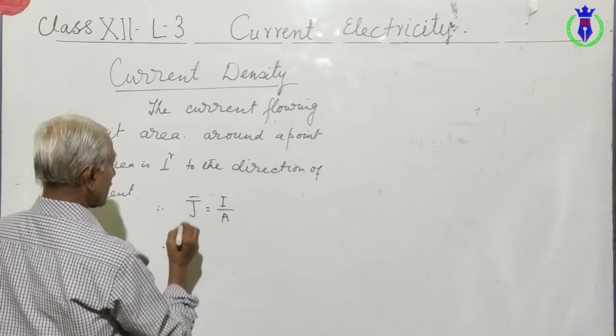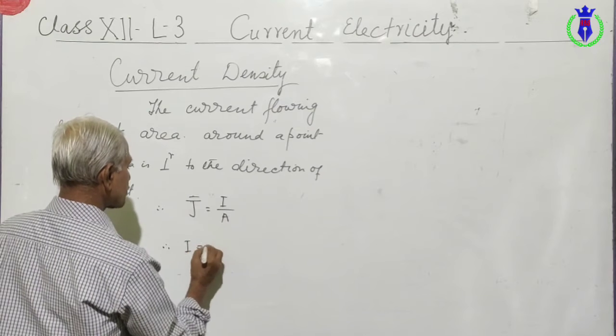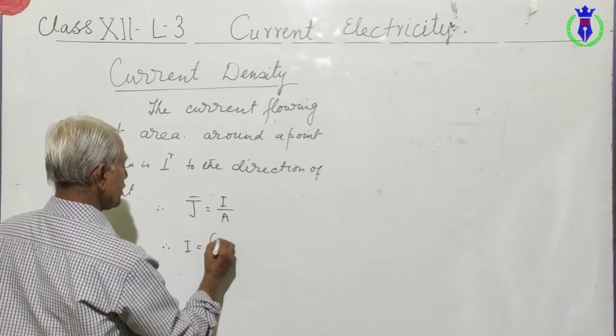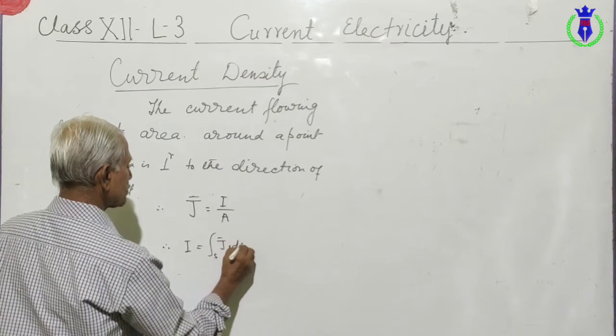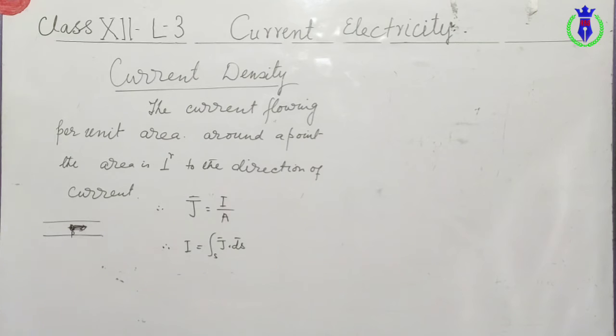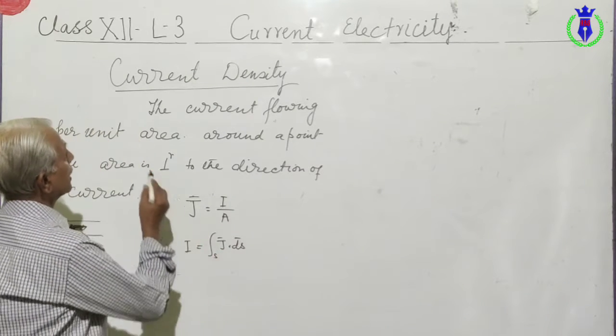Therefore, we can write the current I as the integral of J · dS, where dS is the surface element and J is the current density.